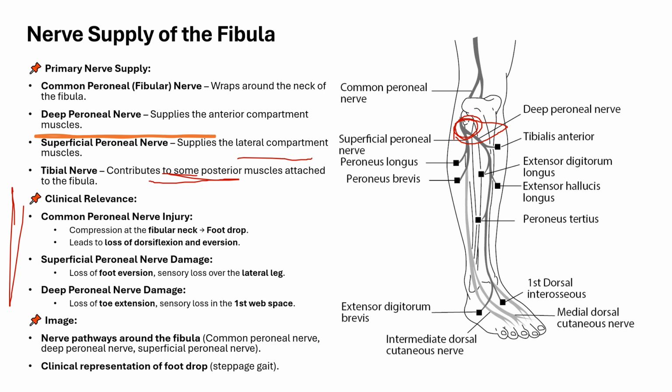This is the image showing the nerve pathways around the fibula: the common peroneal nerve, deep peroneal nerve and superficial peroneal nerve. In foot drop the patient will show a steppage gait.